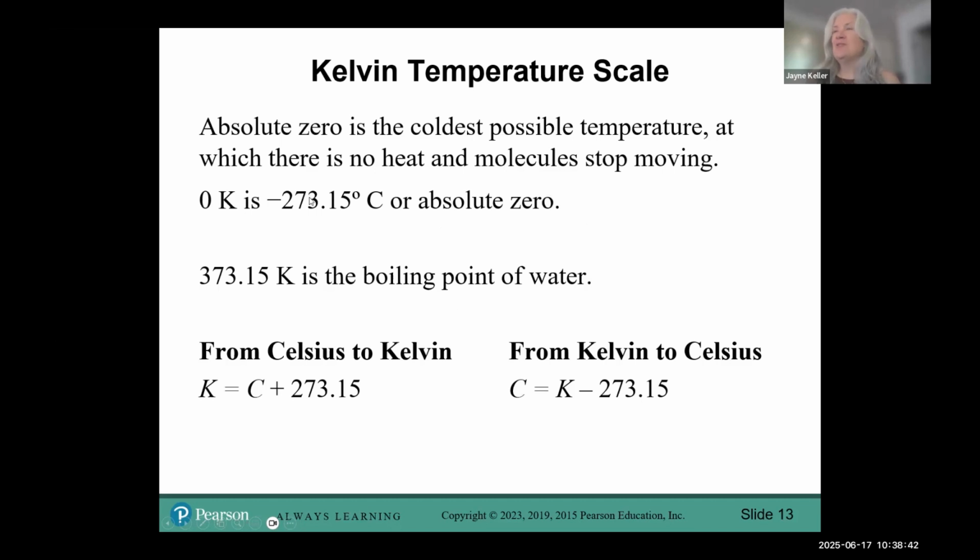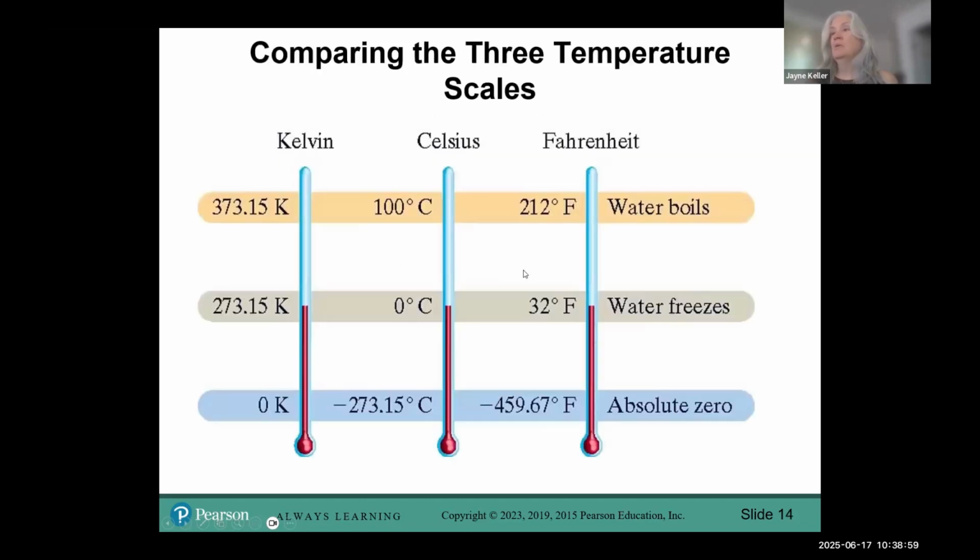It's been a while since I took chemistry, but that's your absolute zero. And we can convert. So if you need to convert from Celsius to Kelvin, here you go. 0 degrees Kelvin is equivalent to negative 273.15 Celsius. Very, very, very cold. All right, and so here's that comparison, which is kind of nice. You can see temperatures at which water boils, water freezes, and absolute zero. Nothing's happening.